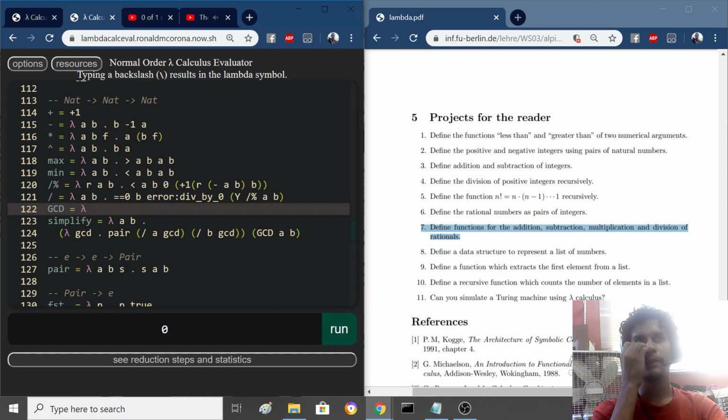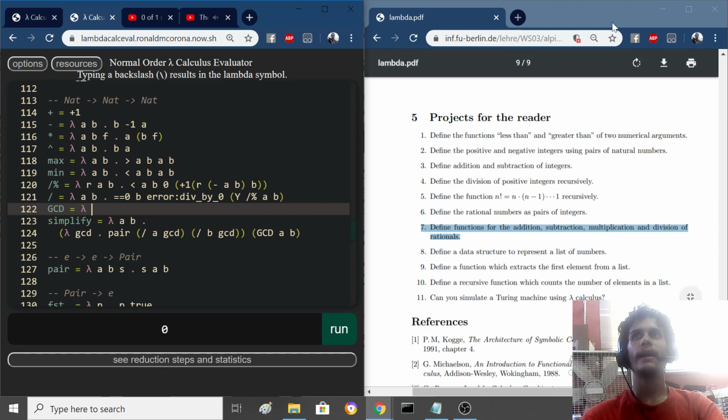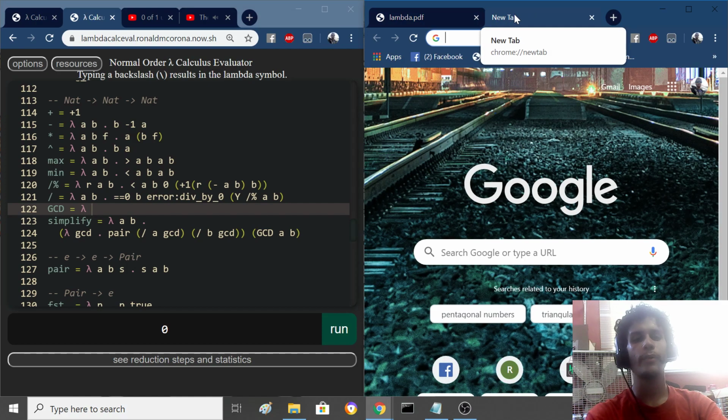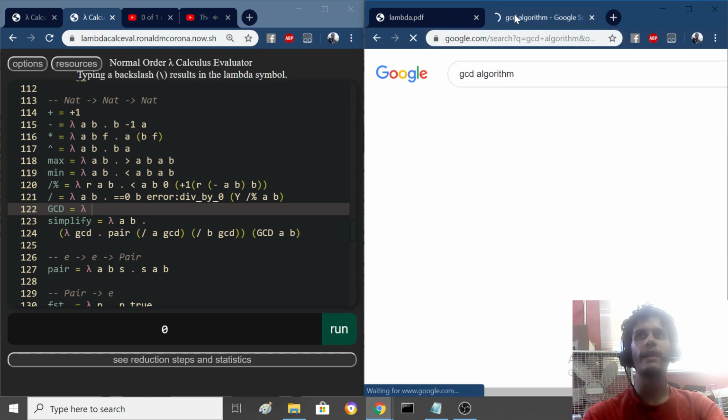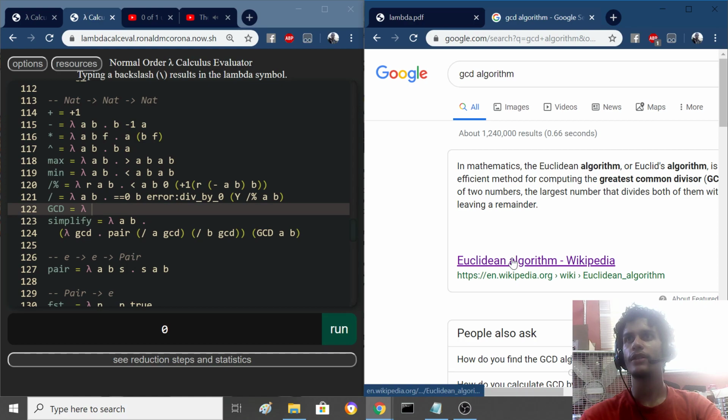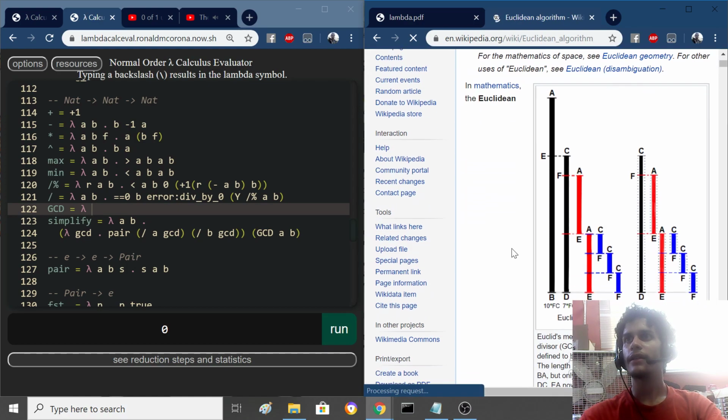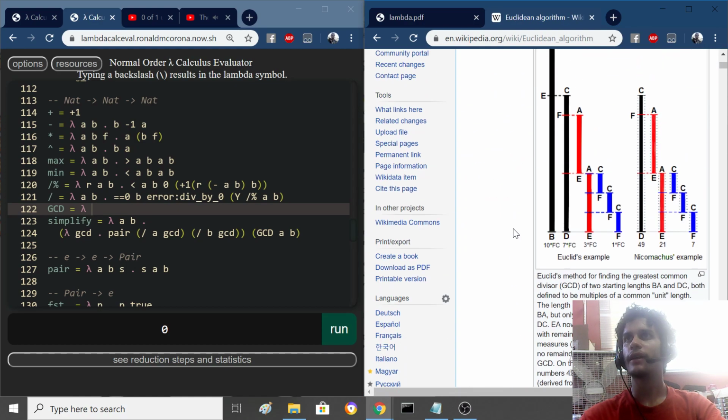Alright, so this time I know exactly what I'm gonna write, because I know how to do the GCD algorithm, and I'm trying to find a good explanation for it.